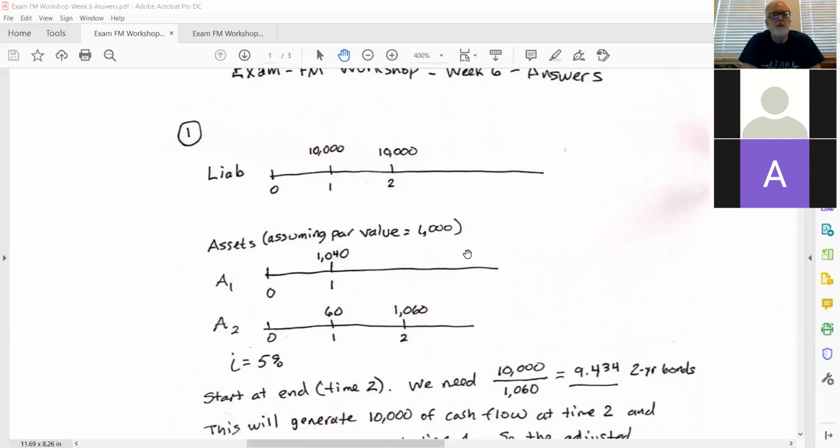We're finishing up immunization, and then after we go over the problems, I'll start the lecture on interest rate swaps, which is the last topic that I'm going to cover, and it's really the last topic you need to know for FM. There's that paper that I sent out at the beginning of the workshop on determinants of interest rates, but that's just a 20-page paper to read the day before you take the exam.